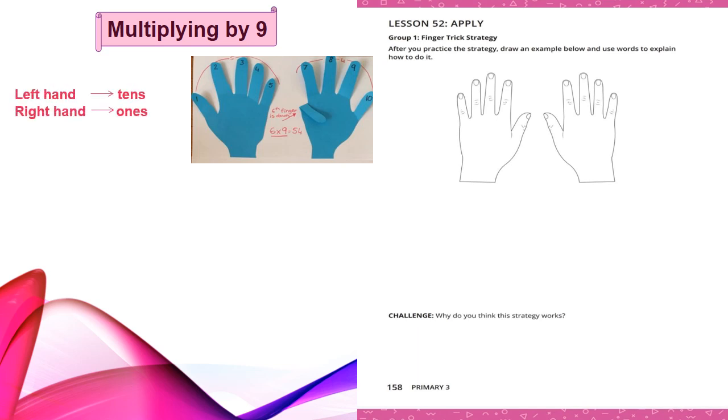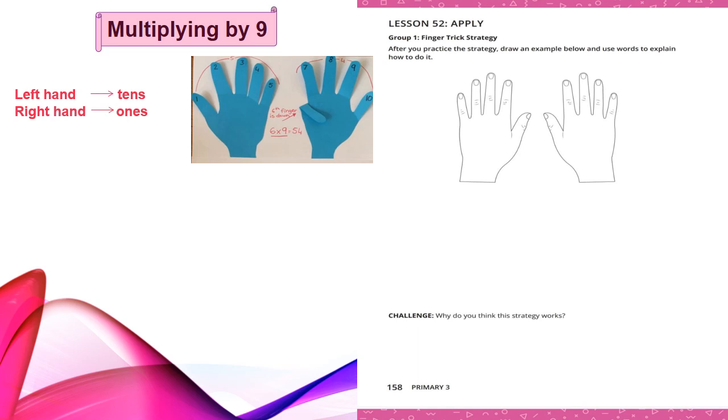Left hand means tens home, and right hand means ones home. Again, left hand means tens home, and right hand means ones home. Okay, it's very important. So, how many fingers are there on the left side?